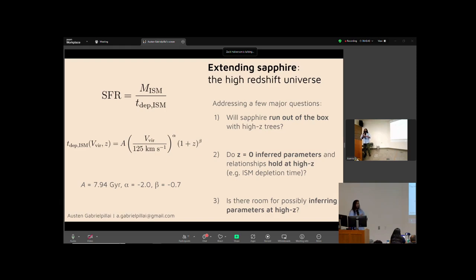And then 3, if they don't, is there room for inference so that we can infer a set of parameters at high redshift? An example over here is for our star formation recipe, where it is just the ISM mass divided by a depletion time.